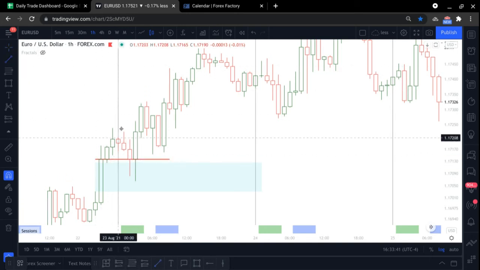Based on ICT's concept, once the purge occurs, we look for that purge candle's high to be broken, and I like to get a retracement back into this purge candle to the upside, because this essentially becomes our order block. So I would label the high here.